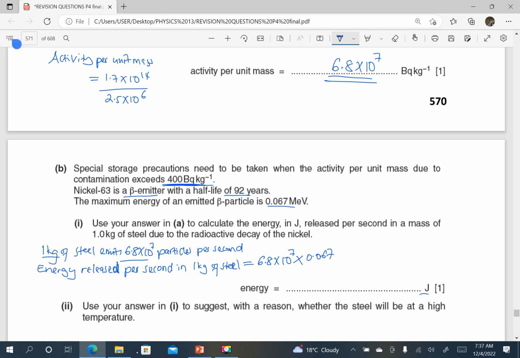Since we want the answer in joules, I'll multiply by 1.6 times 10 power negative 13. This is changing it from mega electron volts to joules. So I press my calculator here.